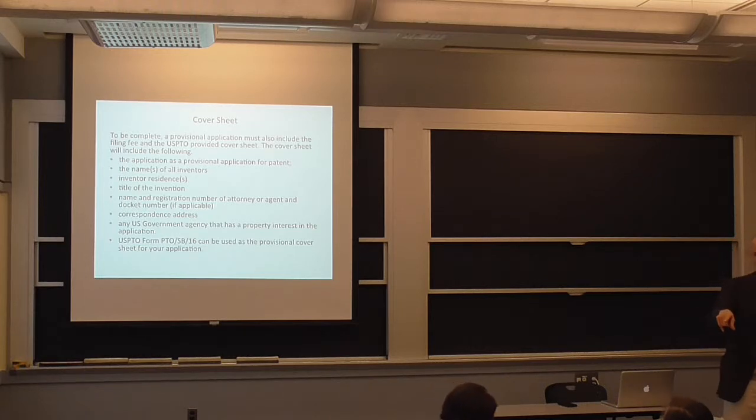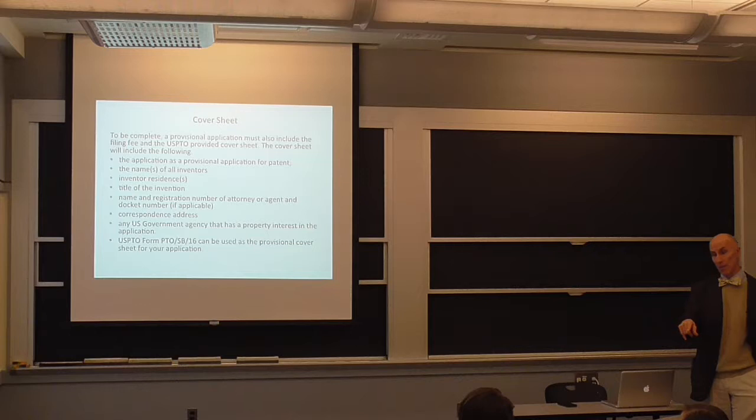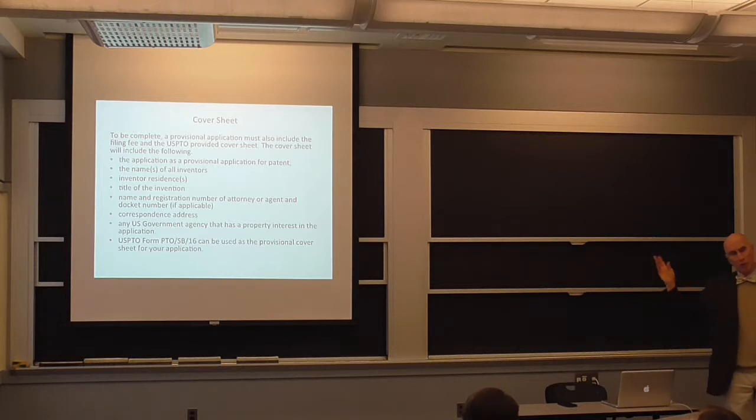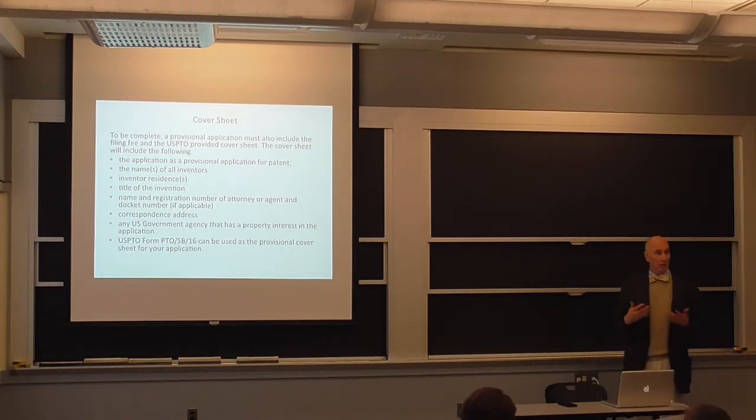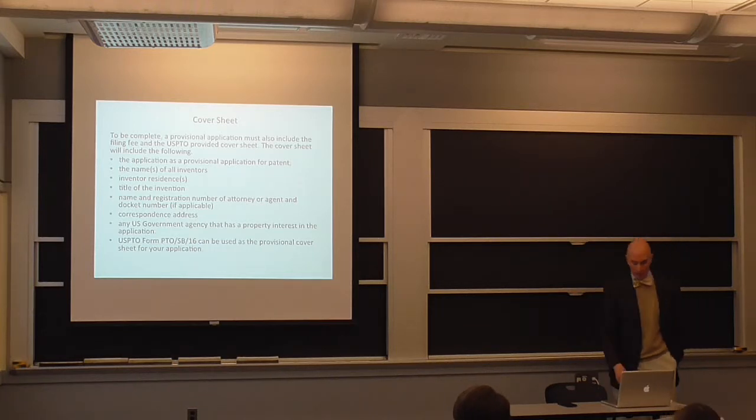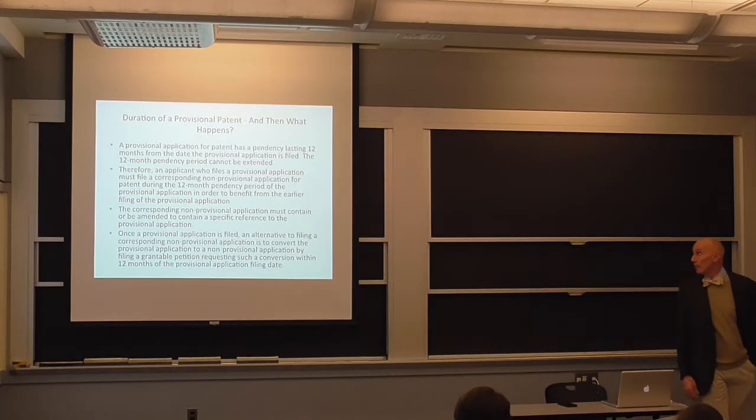You'll see on this particular application, that's the second thing after the title of the invention that I think Alex has in his application. And there's a form at the USPTO. If you have any interest in this kind of stuff, if it really comes down to it, and you're afraid to call me, then you can go online and get this stuff really easily off the USPTO website. The forms and everything are right there. Honestly, a monkey could do it.